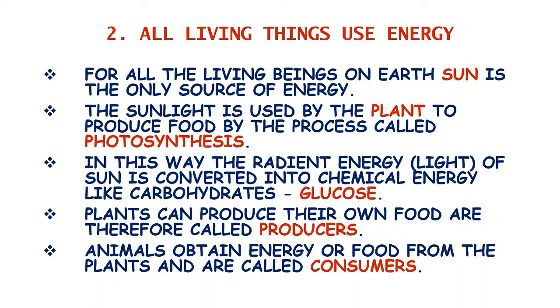Only plants can produce their own food, therefore they are called producers. The animals cannot produce their food. They obtain energy or food from the plants and then they are called consumers.